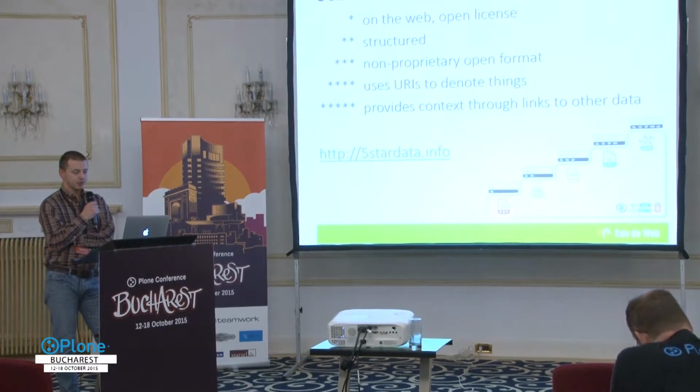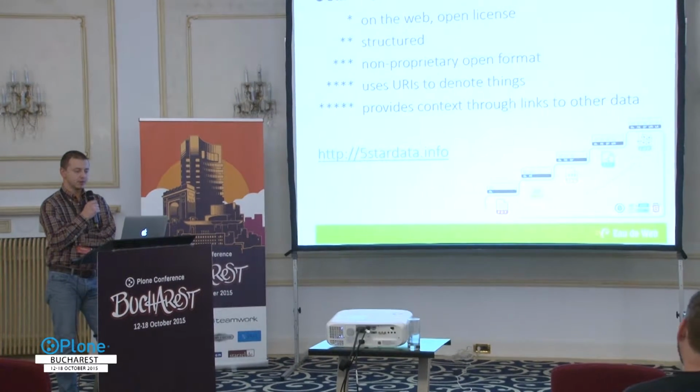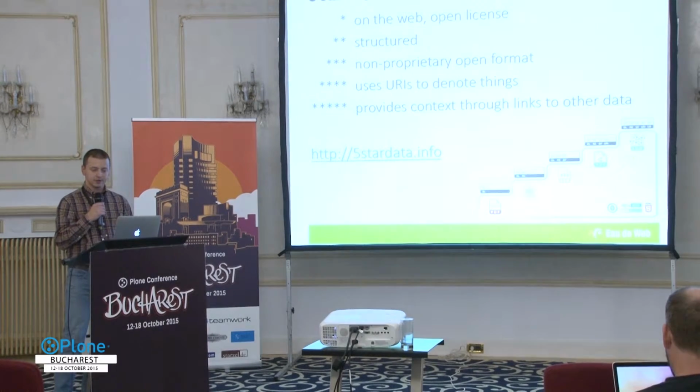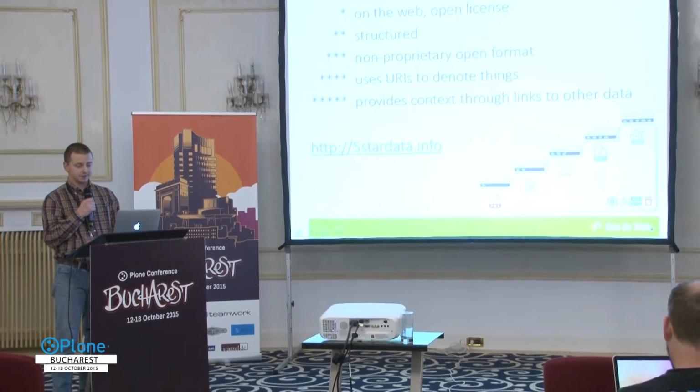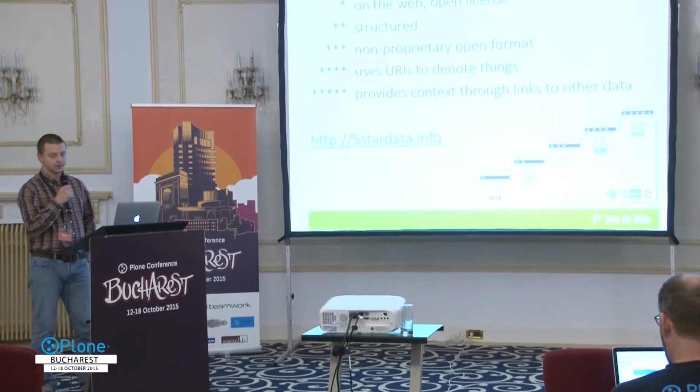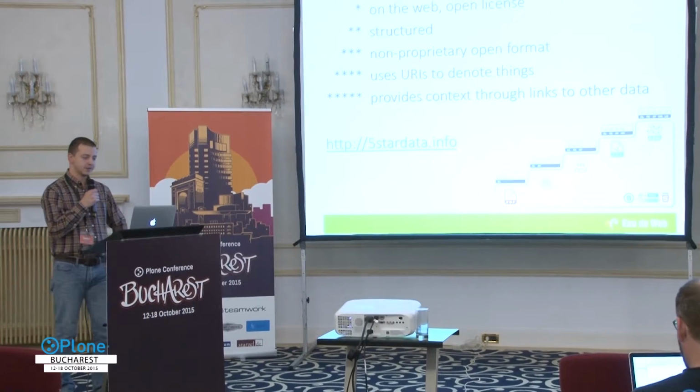And then to provide some context and linking to others' data in order to offer a better understanding of your data and try to get out of the silo, let's say.